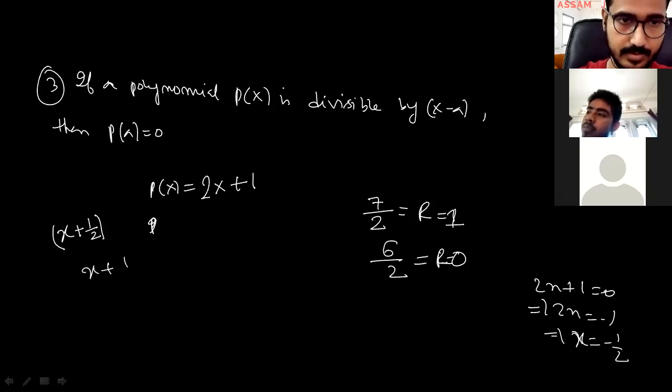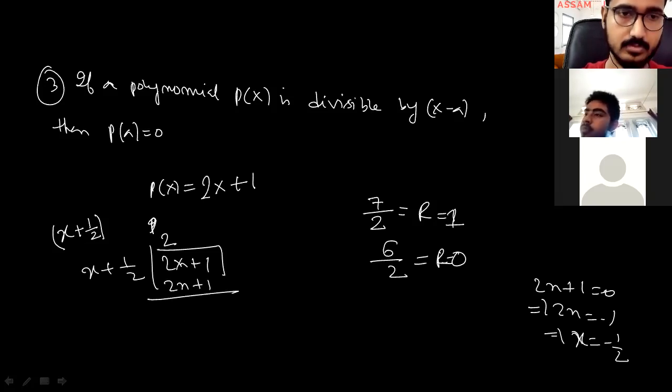And when you divide 2x plus 1 by 2, it will be x plus half. When you multiply x plus half by 2, you will get 2x plus 1.